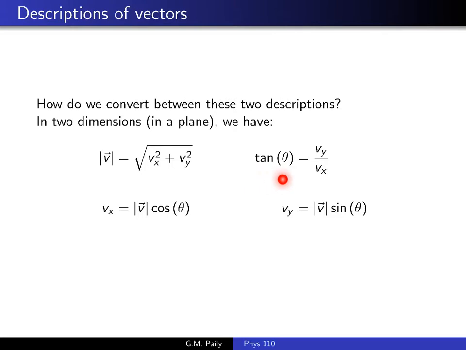Similarly, the tangent of the angle theta would be given by Vy over Vx. Again, using that triangle, we can see that Vx would be the magnitude of V times cosine of the angle, because the magnitude of V is the hypotenuse. And similarly, Vy would be the magnitude of V times the sine of the angle, because again, the magnitude of V is the hypotenuse.